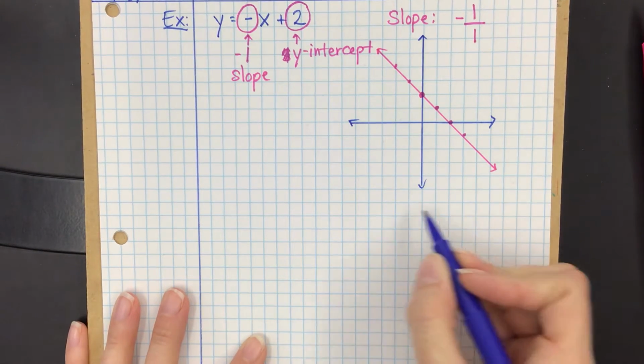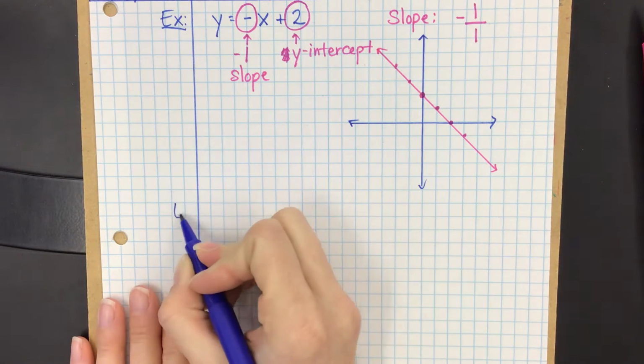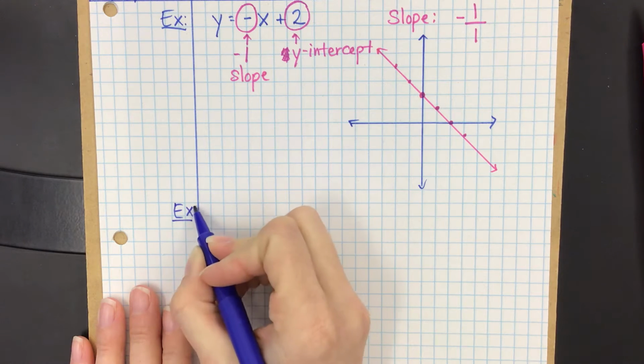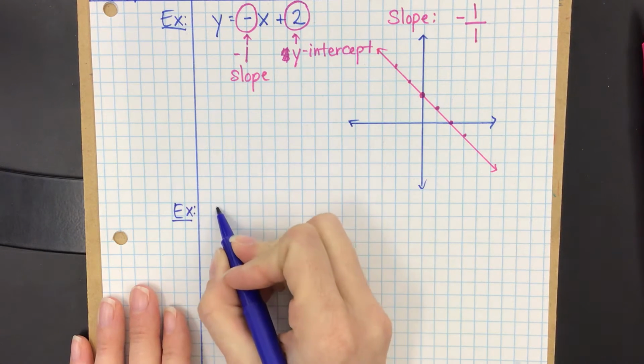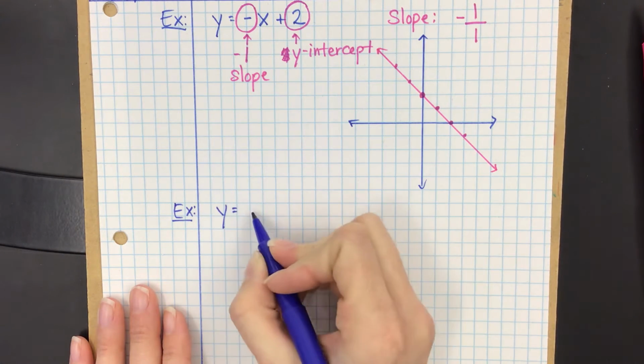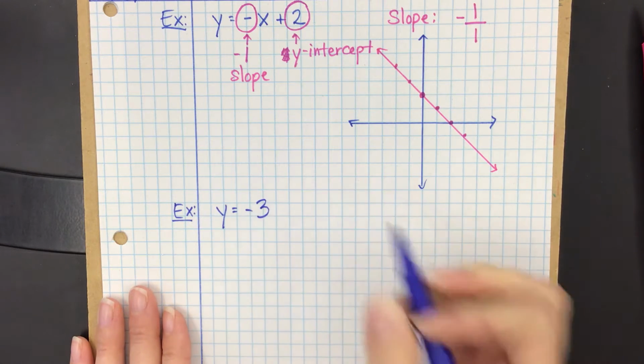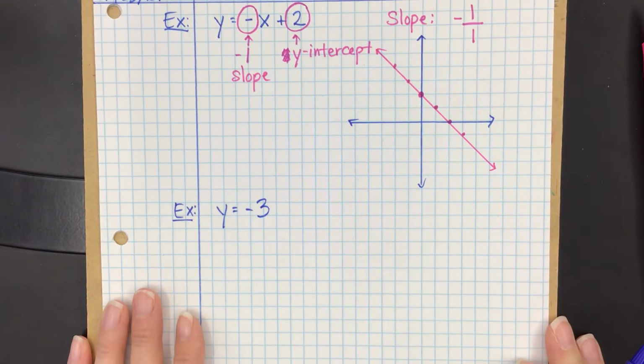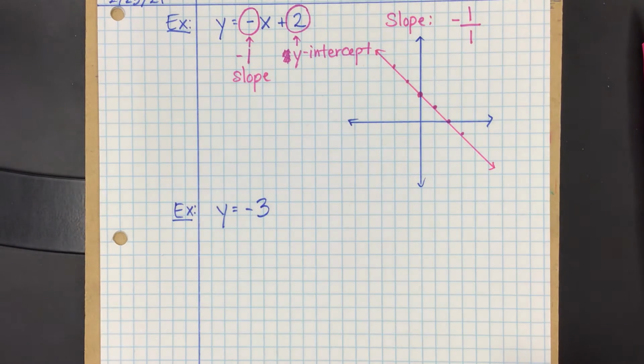Now let's look at another special line. Okay. So let's talk about this for a minute, because this looks peculiar, right? Not something that you've seen before.